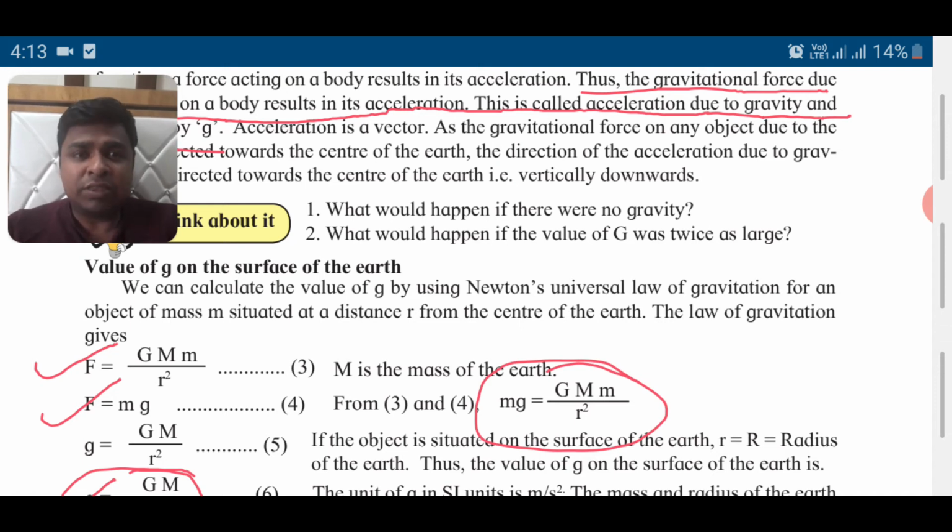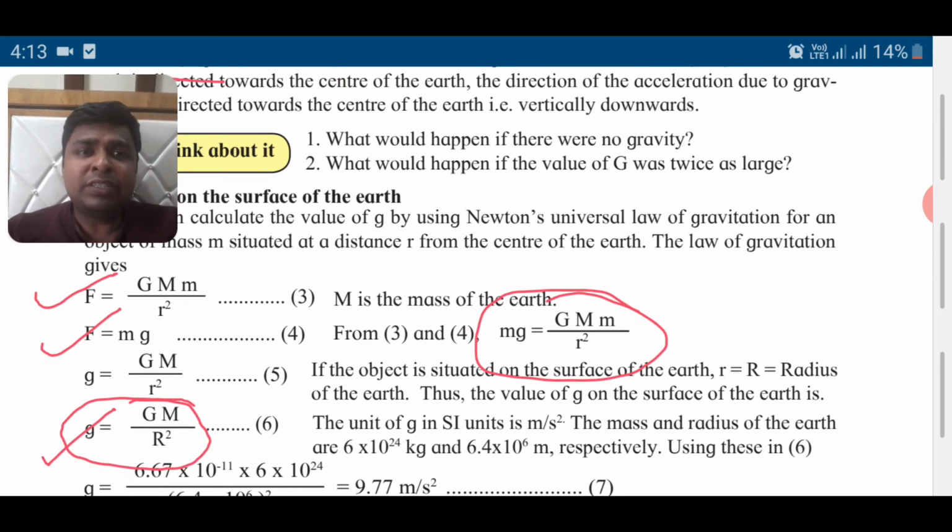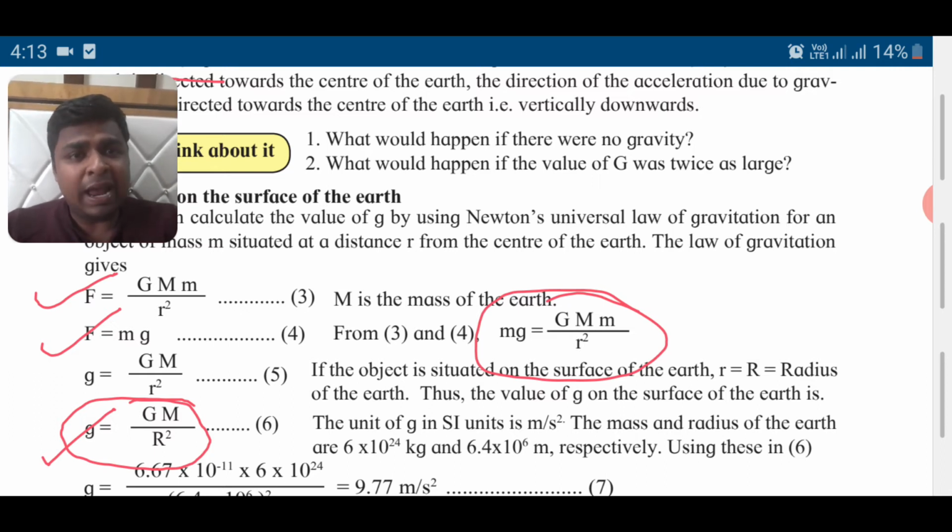Capital G is the constant, capital M is the mass of the Earth, small m is the mass of the object, r is the distance between the object and the center of Earth. Now capital F is equal to mg. This is another formula: force is equal to mass into acceleration. F is force, small m is the mass of the object, and small g is the acceleration due to gravity.